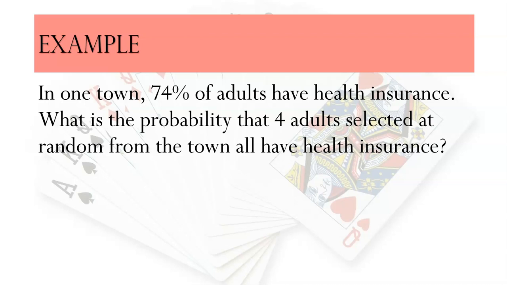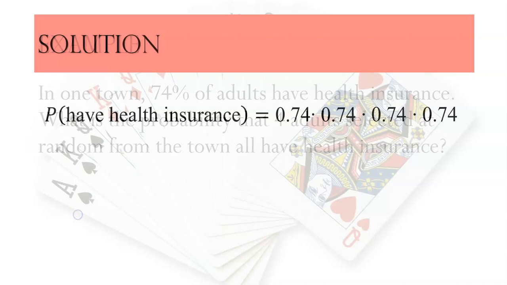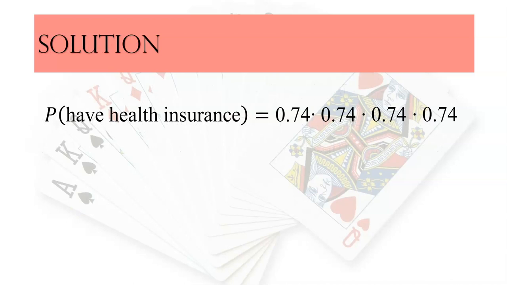Since they are independent, we just have to multiply the probability that each one has health insurance, because the probability of one adult having health insurance has nothing to do with whether or not someone else does. So the probability of each one having health insurance is 74%.